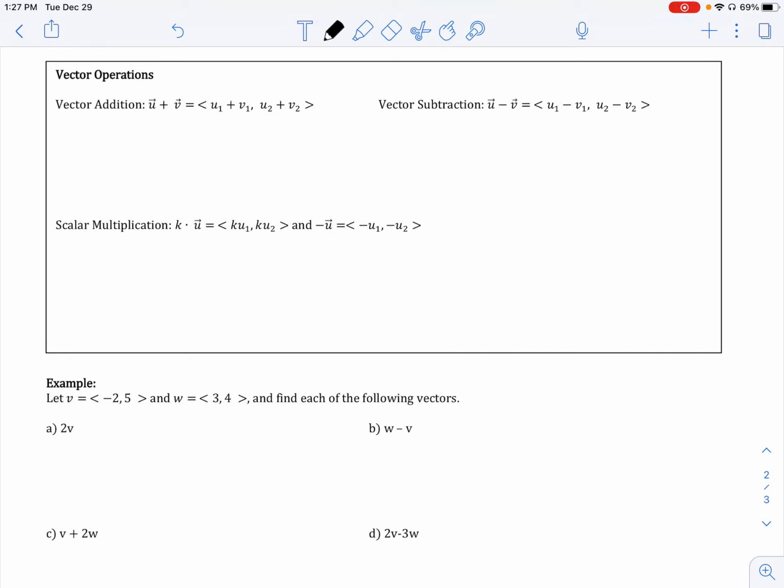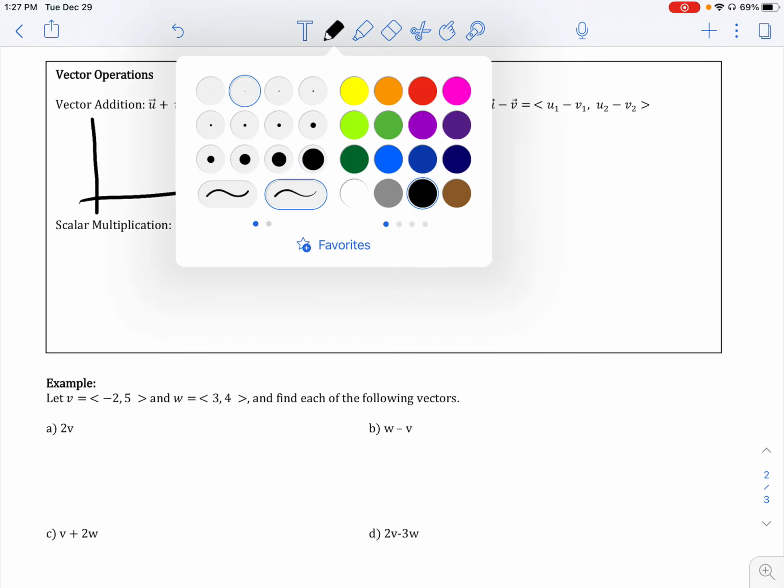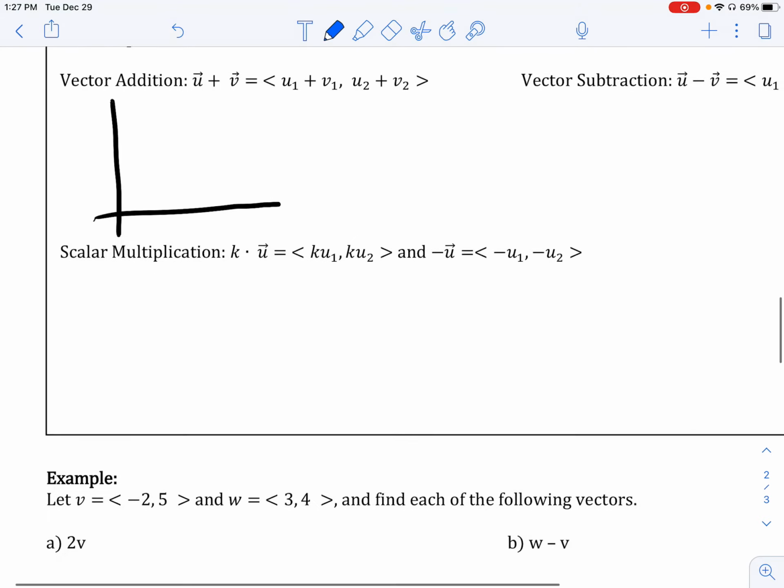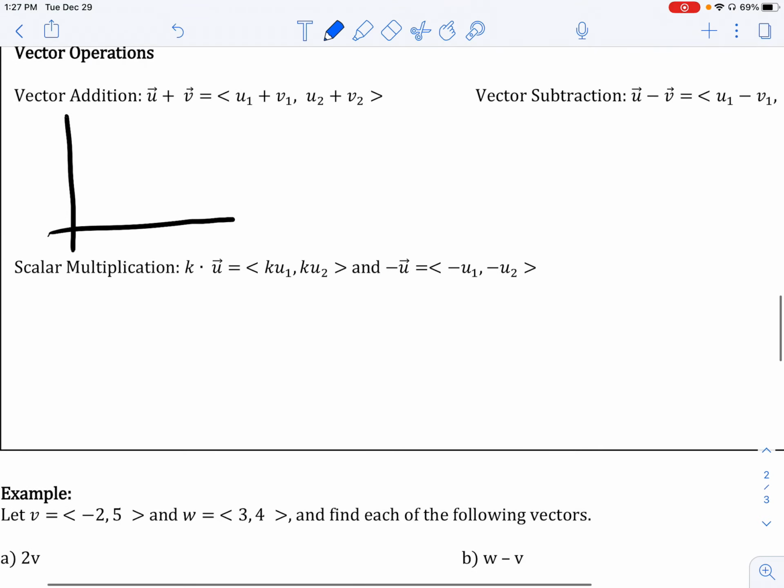First off, there's vector addition. What this means is, if I were to have vector u, let me draw an arbitrary vector u. Suppose vector u looks something like this, and I'll indicate this is our vector u with my vector notation. All right, so let's say that's vector u.